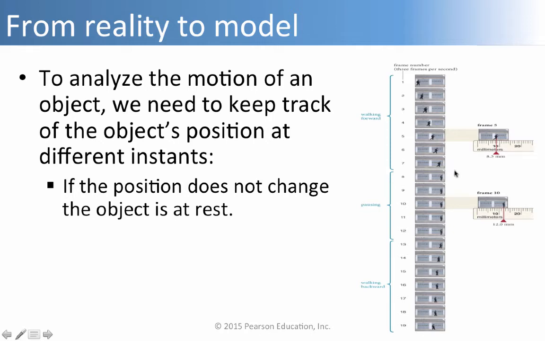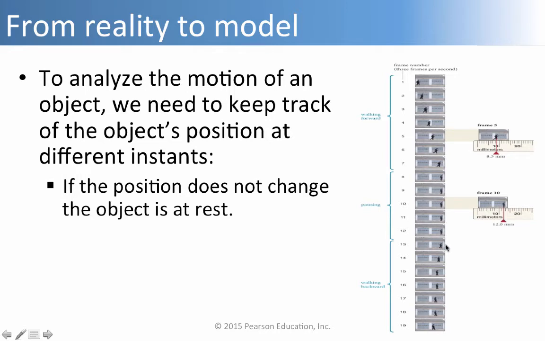If you look at this set of frames on the right-hand side here, the frame number indicates an increment in time, and the little figure here is moving. So we see in frame 1, the little figure is right there. Frame 2, the figure is there, etc. It looks as though the figure is not moving, or moving in such a way that we can't determine it, from about this frame to this frame.